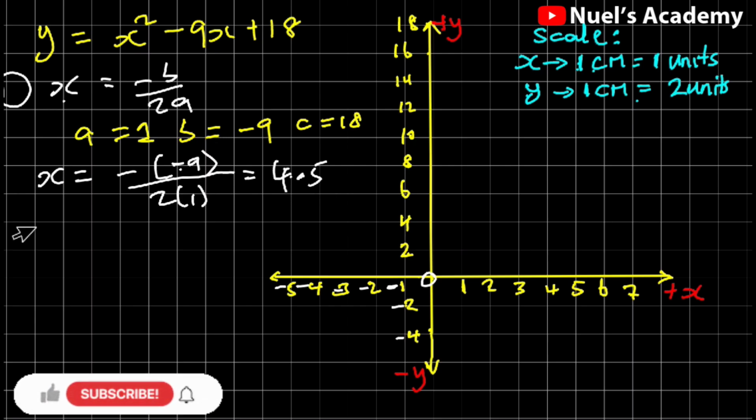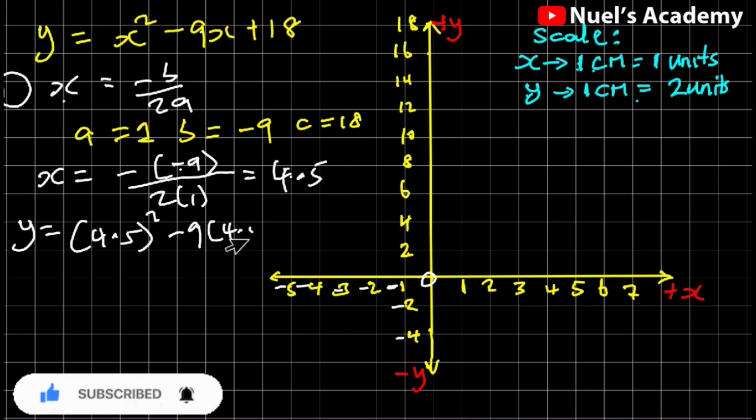Now to find the y-coordinate, we're going to plug 4.5 into this equation. So we have 4.5 squared, then minus 9 multiplied by 4.5, then plus 18. So we have y is equal to negative 2.25. If you plug in these values in your calculator, you're going to get y equal to negative 2.25.